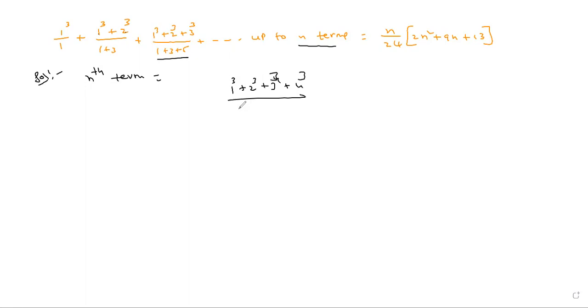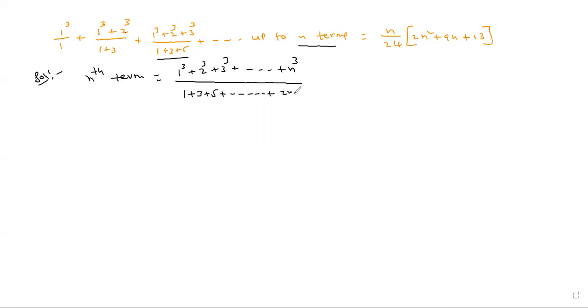And for the denominator, 1 plus 3 plus 5 plus 7. This is the fourth term. So like this, if you want to write the nth term, the numerator will be 1 cube plus 2 cube plus 3 cube plus up to so on plus n cube, divided by the sum of the odd numbers 1 plus 3 plus 5 up to so on.